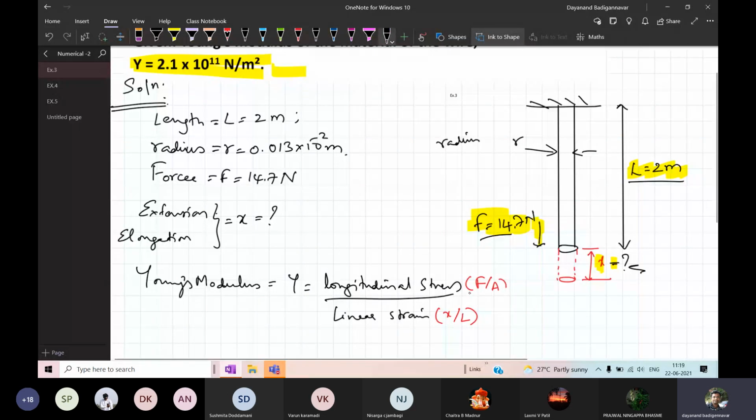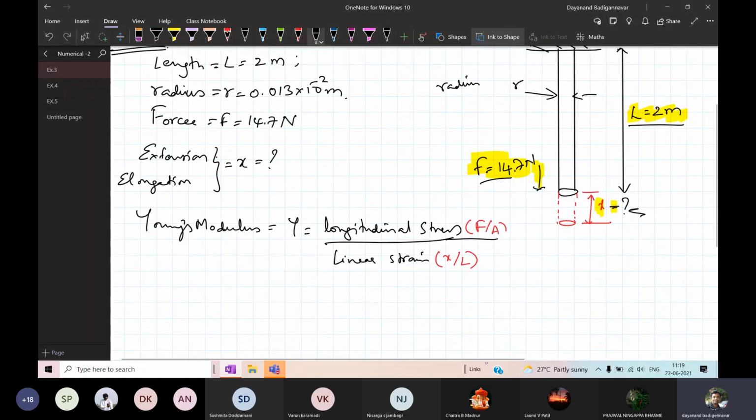Therefore Y is equal to F divided by A divided by X by L, that is equal to F divided by A into L by X. So this is the formula I have.